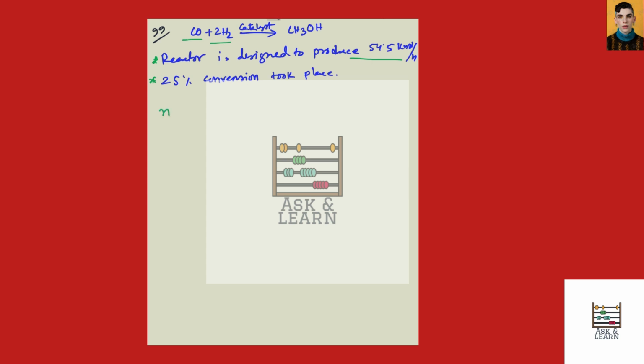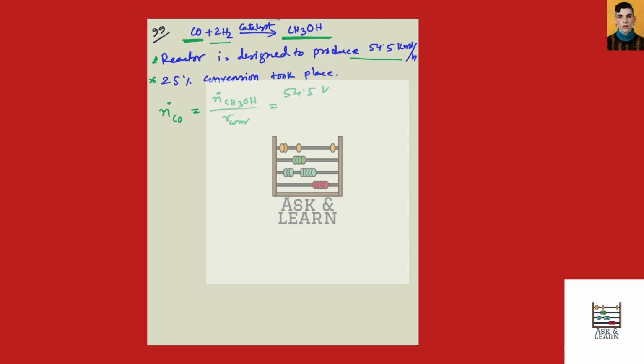Therefore, the amount of carbon monoxide that must be fed to the reactor is the number of moles of methanol divided by the conversion factor. The reason behind this is that 1 mole of carbon monoxide produces 1 mole of methanol. Therefore, the stoichiometric ratios are the same, and the number of moles will be the same.